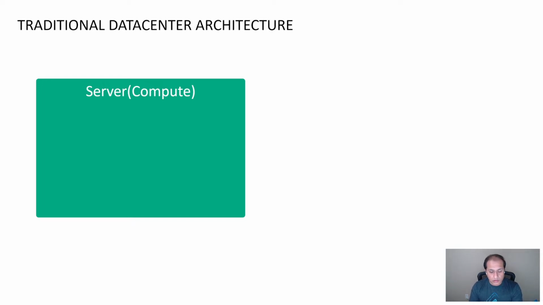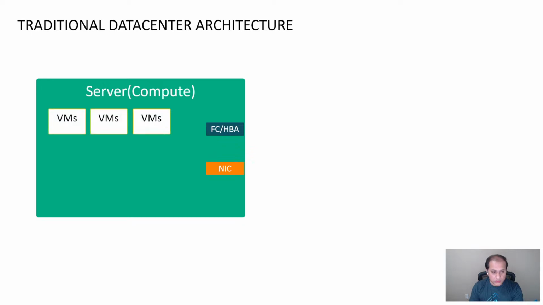Even in this scenario, you start with a compute node. It may be a regular server, a DL380, 360, or any other server from Dell or Supermicro, and it has a fiber channel HBA connected to it, and it also has a NIC card. As usual, we have the ESXi hypervisor, running a traditional Windows or Linux operating system.